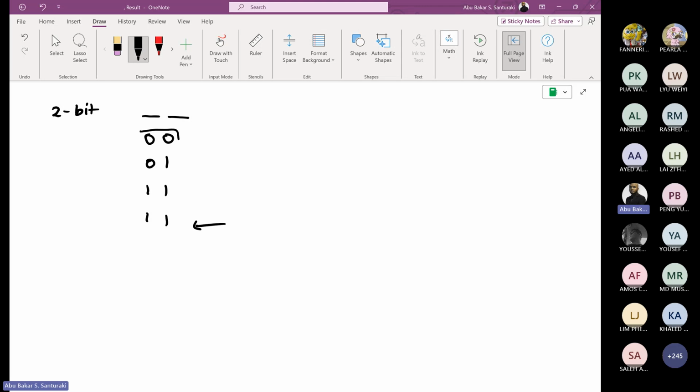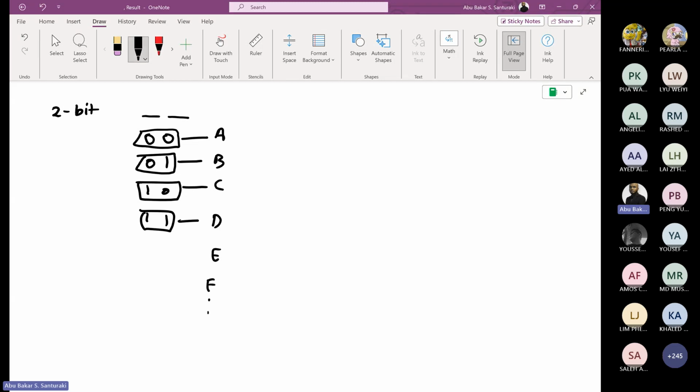So if I use 0, 0 to represent item A, and I use 0, 1 to represent B, and I use 1, 0 to represent C, then 1, 1 to represent D, what will I use to represent E, F, and the rest? Nothing else is available because this is a 2-bit system. So the range of values of a 2-bit system is 1, 2, 3, 4. I can only have 4 characters represented in a 2-bit system.